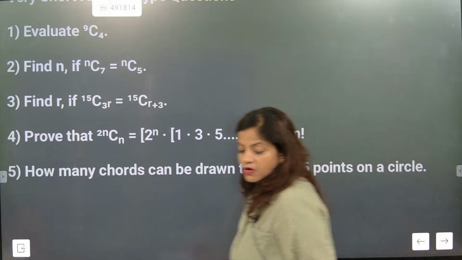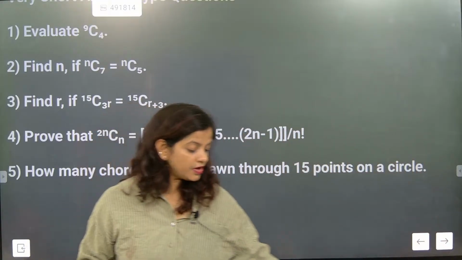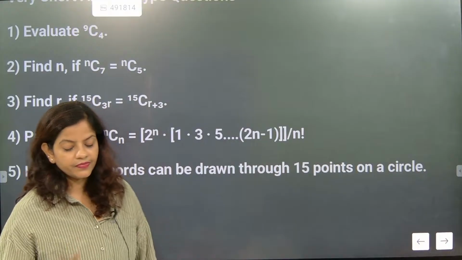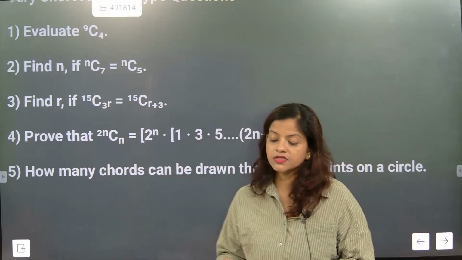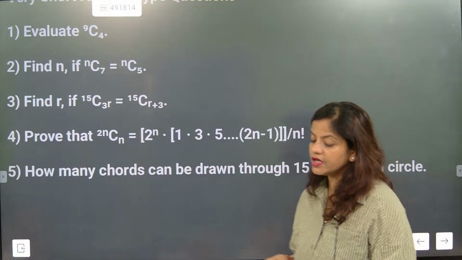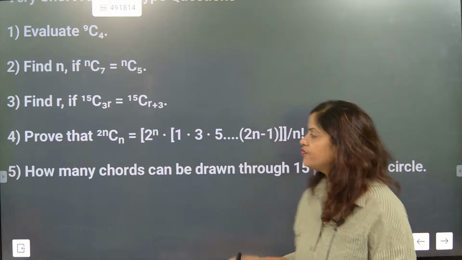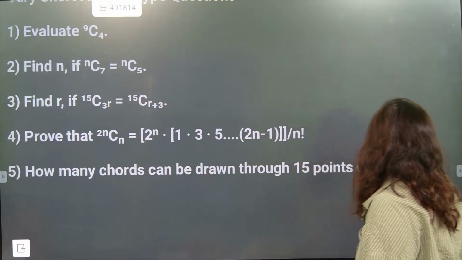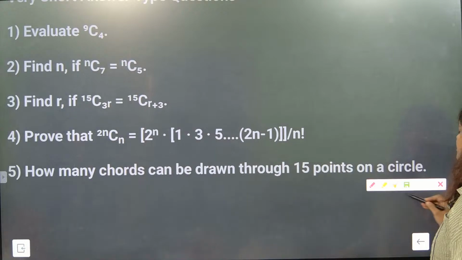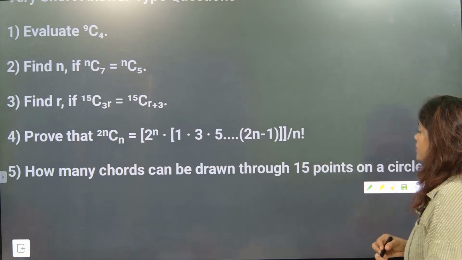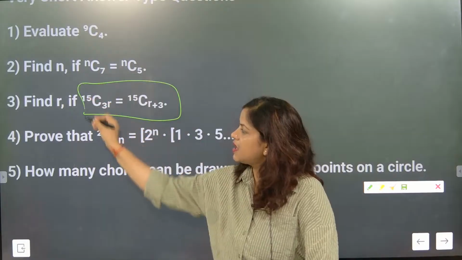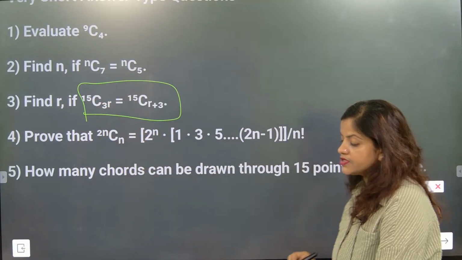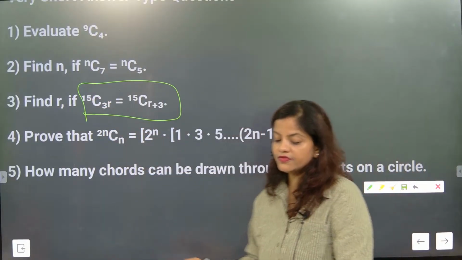Now, when we solve question number 3, we need to understand that two situations are there. When these two situations are working, you will get the answer. So first, question number 3, I am solving. Please check this one out. When this type of question comes, how are we going to solve it?